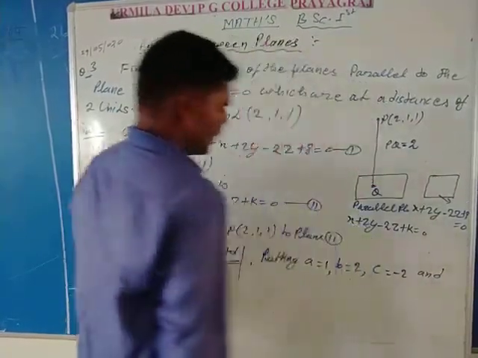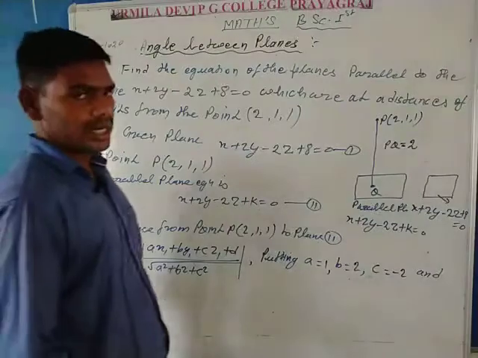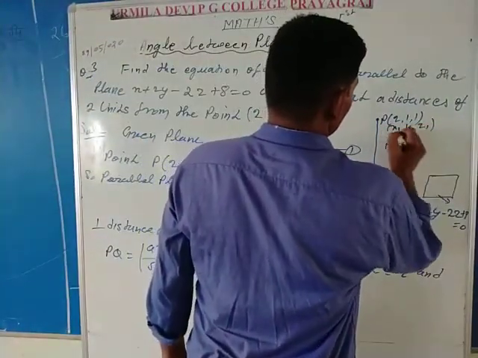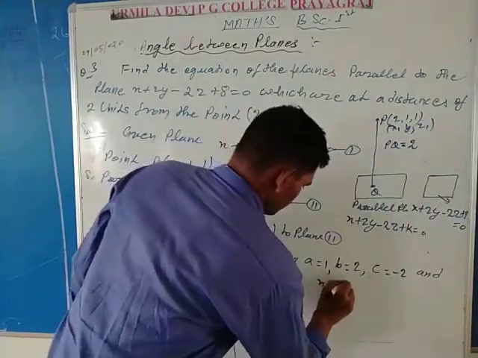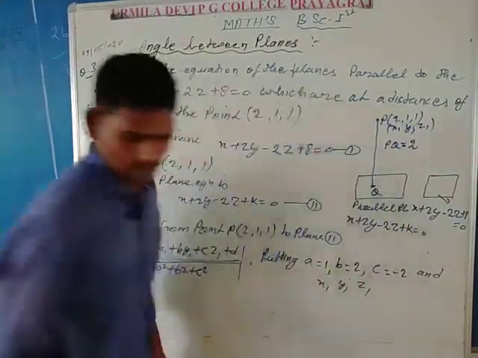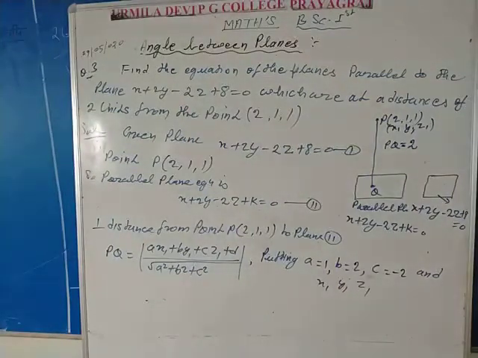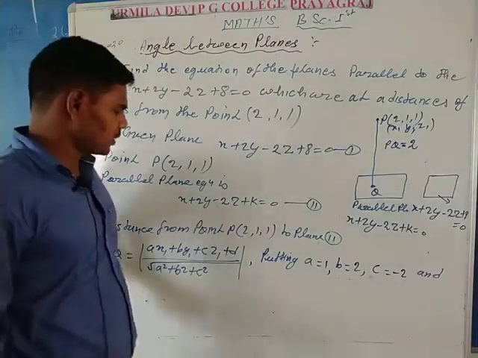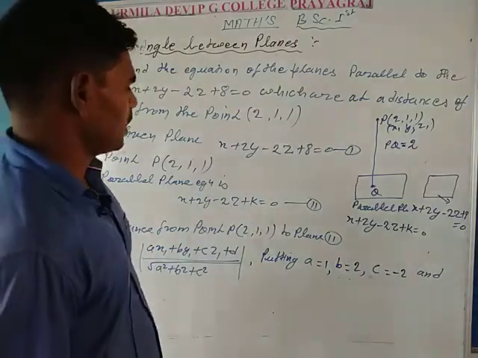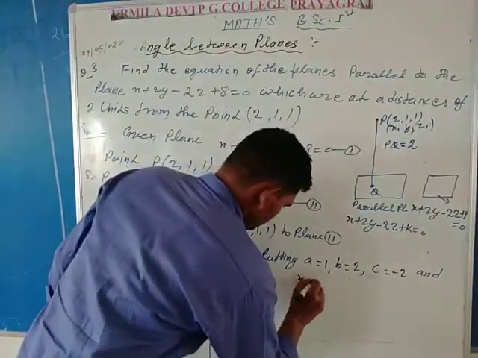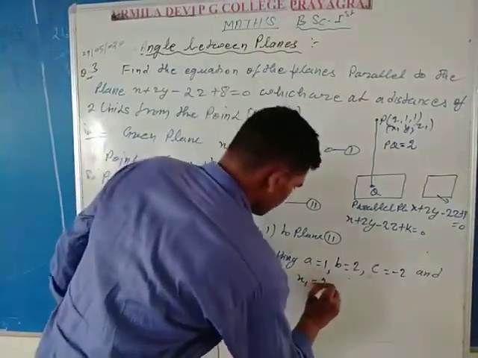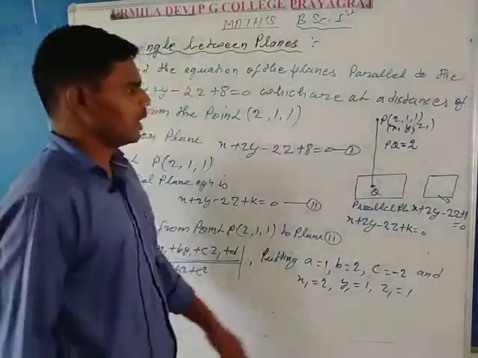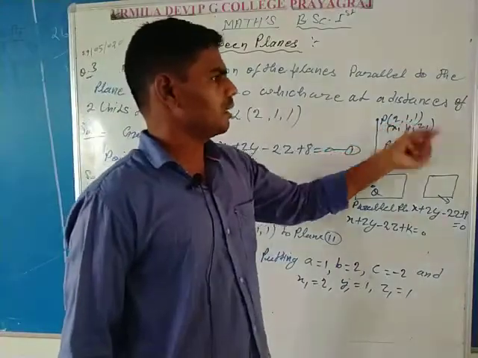And x1, y1, z1 are the coordinates of the given point. Therefore, x1 is equal to 2, y1 is equal to 1 and z1 is equal to 1, the coordinates of the given point P (2, 1, 1).